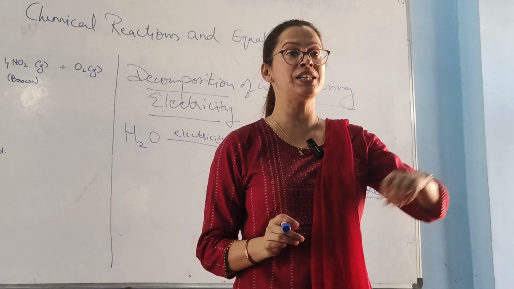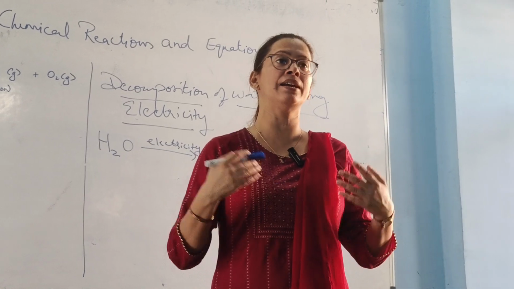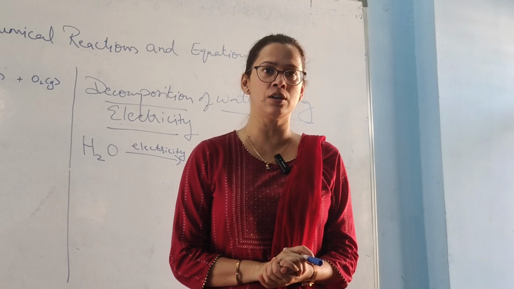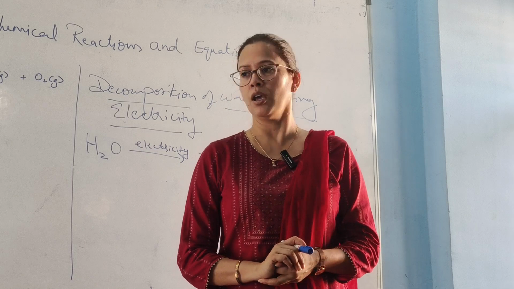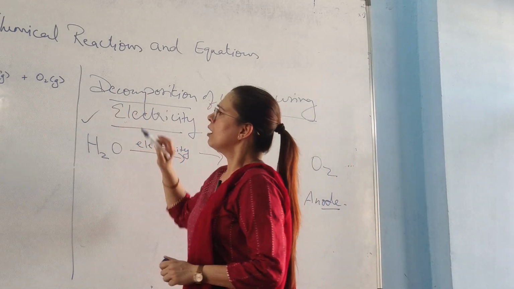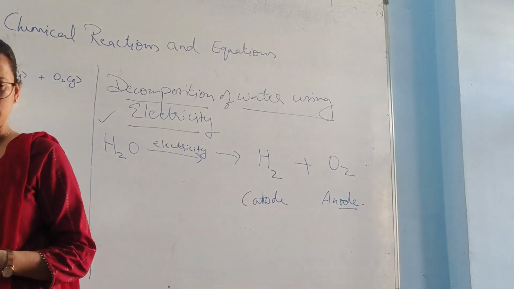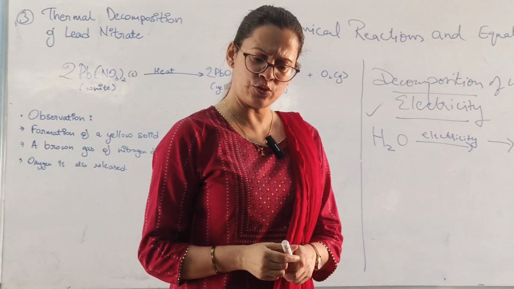Children, you will be amazed to see that all the reactions which we are learning, many of them will be utilized again when we study reduction and oxidation. So decomposition, we have done this. One is left, that is decomposition using sunlight. That is very easy.